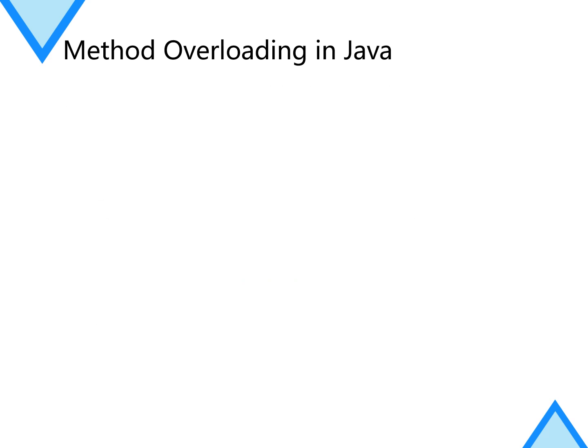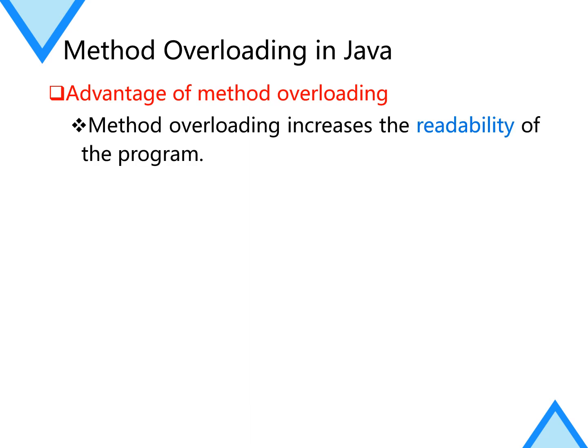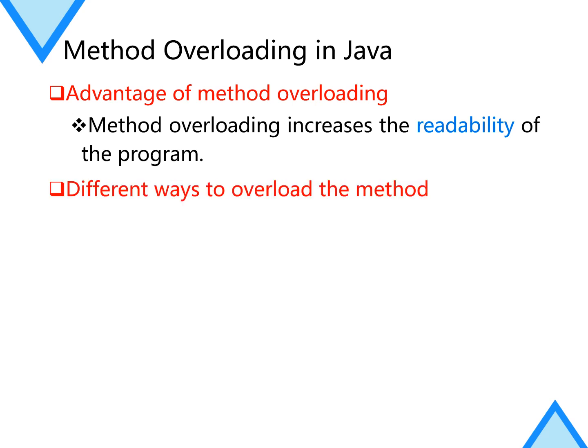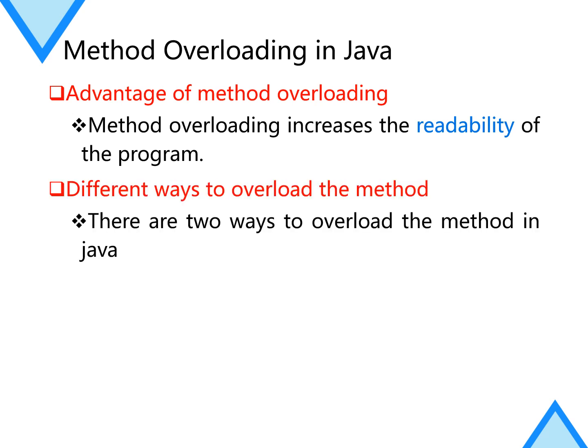Let's see some examples, but first we have to discuss the advantages of overloading. As we discussed in the previous slide, the topmost advantage of overloading is to increase the readability of the program. We can overload a method in Java in two ways.